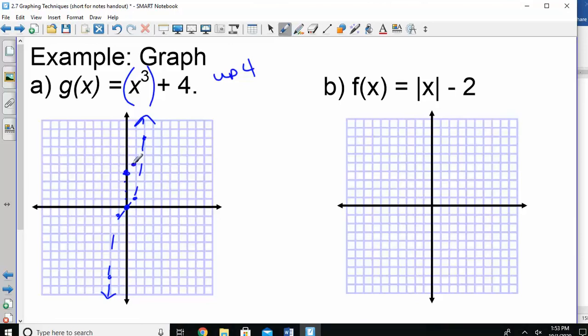Again, if you ever weren't sure, what would you do? Graph it on your graphing calculator and double check. Plug in some points and double check. We have options.